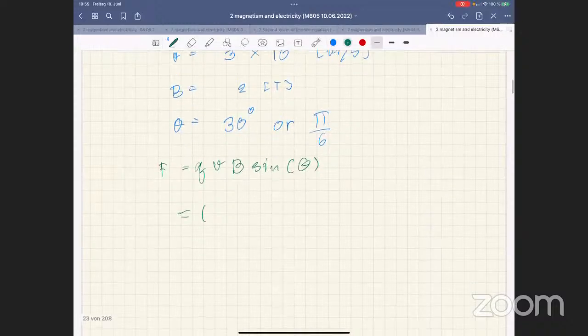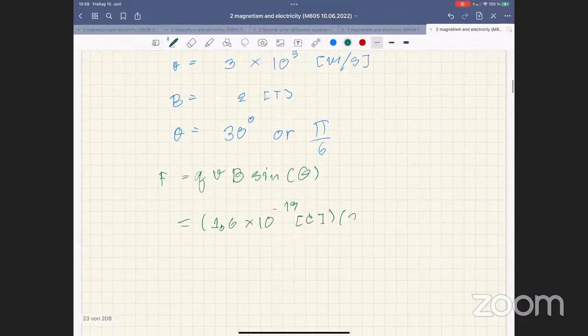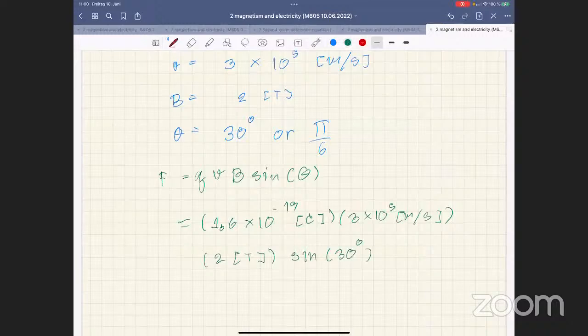Of course, Q will be 1.6 times 10 to negative 19 coulomb, and V is not high, 3 times 10 to 5 meter per second, and B is the magnetic flux density, 2 Tesla, and sin of 30 degrees, which is actually 1/2.